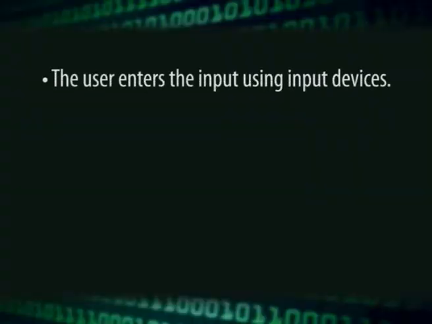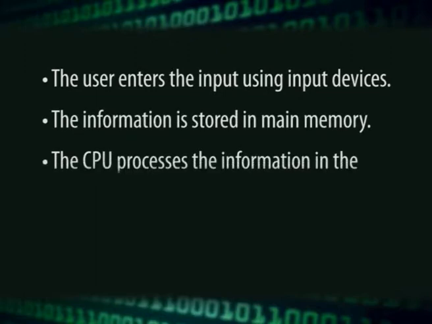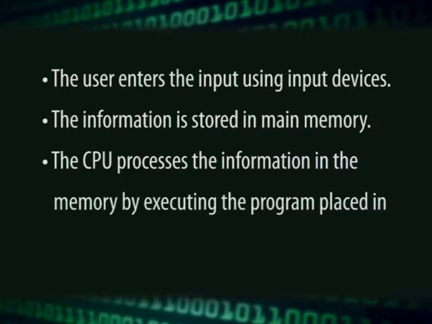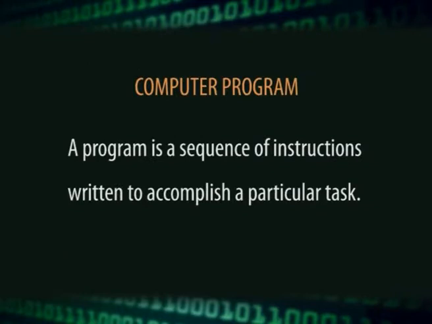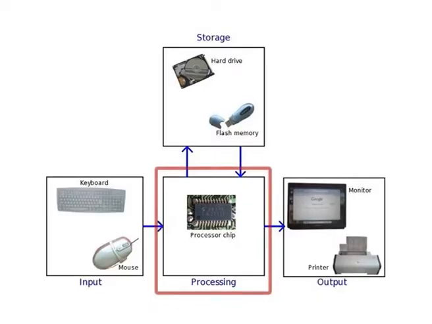The user enters the input using input devices in a desktop computer. The information is stored in main memory. The CPU processes the information in memory by executing the program placed in the memory. A program is a sequence of instructions written to accomplish a particular task. The processor executes the sequence of instructions one by one to complete the execution of the program and produces the desired results as output of the program.